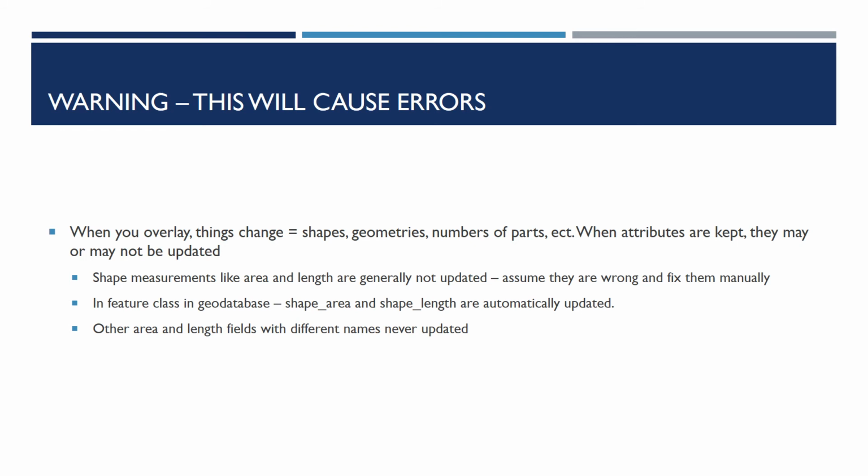If what you're dealing with is a feature class in a geodatabase, then there are two fields, Shape_Area and Shape_Length, that could be updated and will be updated to reflect the accurate area or length of the polygon or line under the new projection. If we're talking about a shapefile, not a feature class, it's not updated.